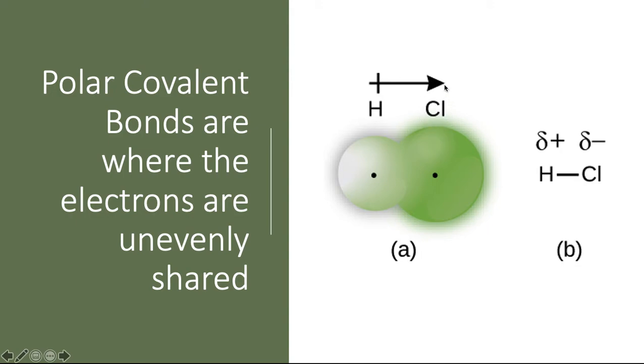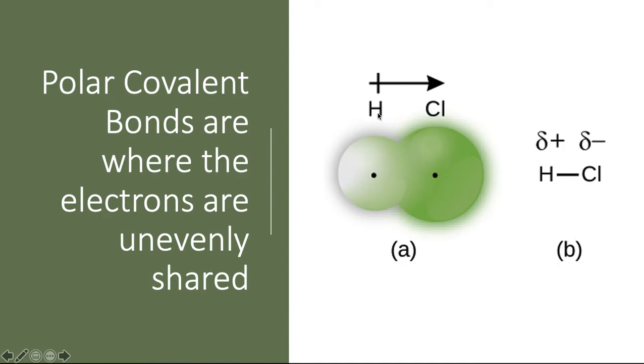It just so happens that chlorine likes the lion's share of those electrons. Think of this kind of as a tug of war. Because I don't have the same element over here, those electrons are not shared equally.